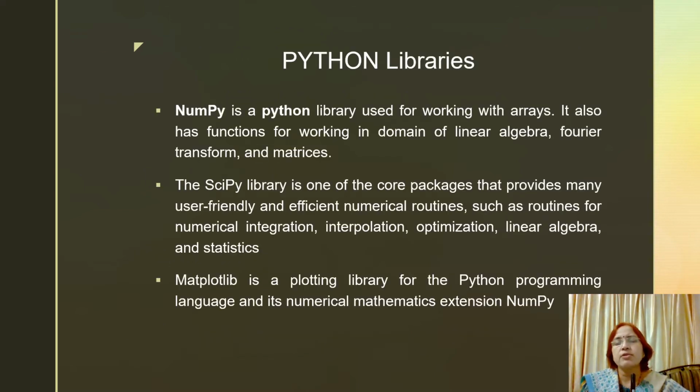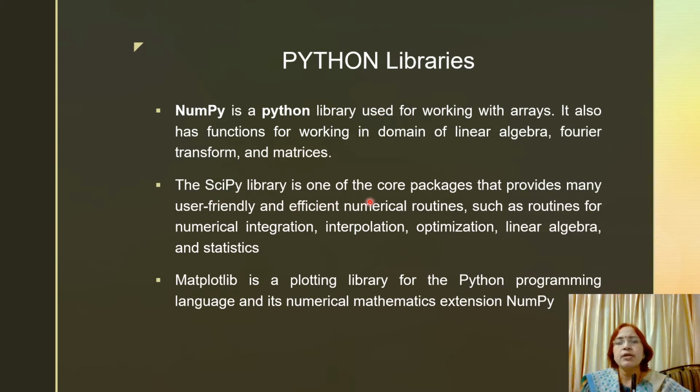To start with Python programming, we first have to see some of the Python libraries. The first one is NumPy. It is a Python library used for working with arrays. It also has functions for working in the domain of linear algebra, Fourier transform and matrices. The second one is the SciPy library.